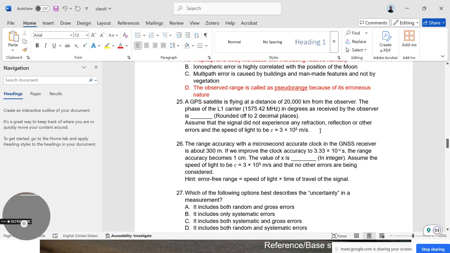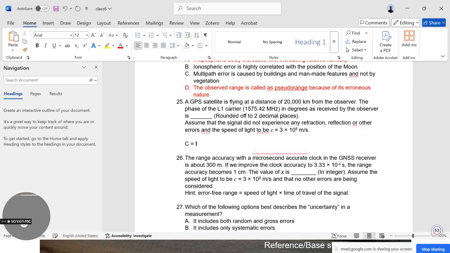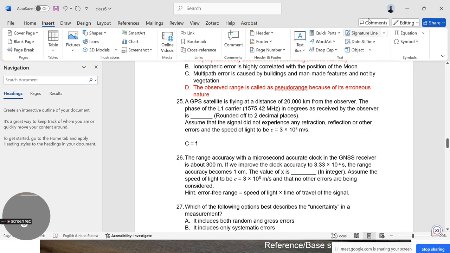So when we calculate the distance, we multiply it with the delta t, or we multiply it with the number of cycles plus fraction of phase. Here, first we have a formula that c is equal to f lambda. Anyone has any idea how to solve this? C is given. So we might proceed with this formula because this is the only thing which we know: that velocity, which is 3 into 10 to the power 8, is equal to f, the frequency, times lambda, the wavelength.